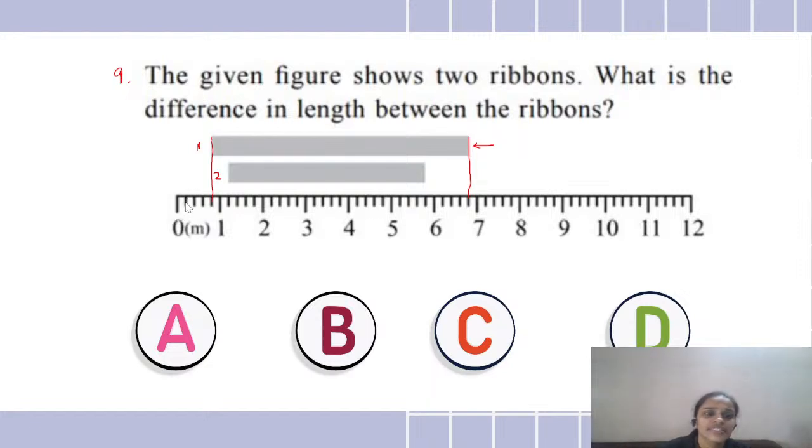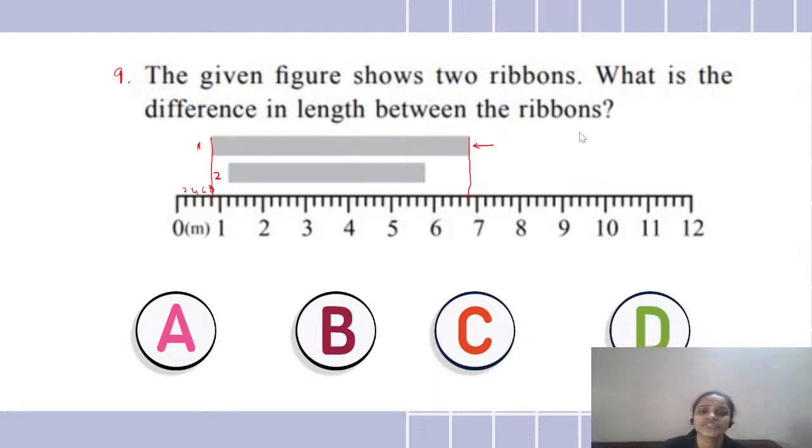Since there are only 4 segments, between 0 to 1 we usually have 10 numbers, we count till 10. But since this is divided into just 4 segments, we read it like this: 0.2, 0.4, 0.6, 0.8, and then 1.